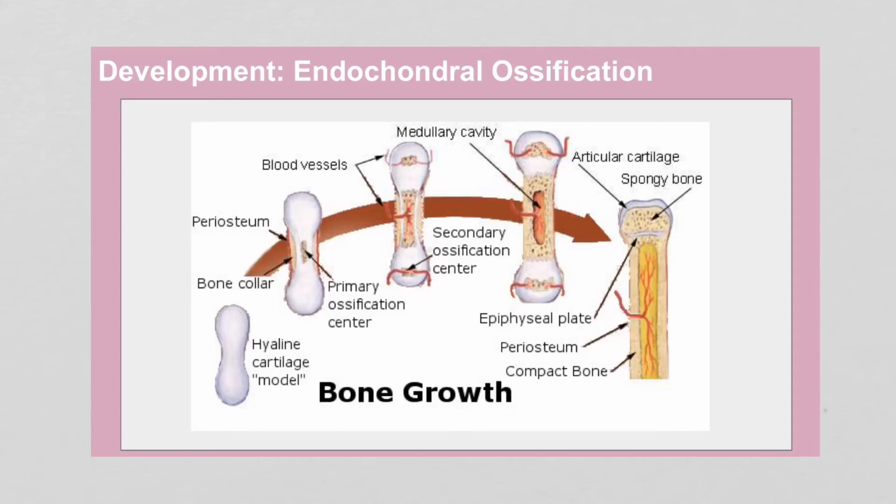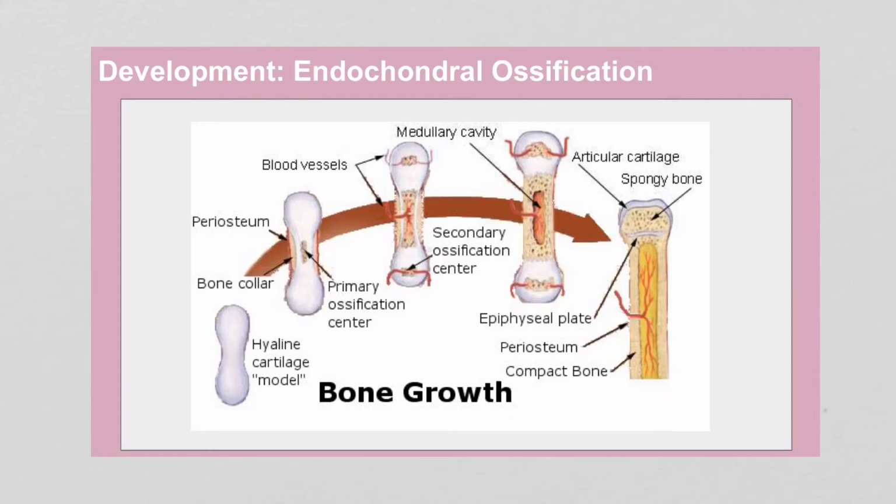During development, in around week 6 to 8, a hyaline cartilage model of what's going to be our skeleton forms. This hyaline cartilage model develops from tissue called mesenchyme that differentiates into cartilage.